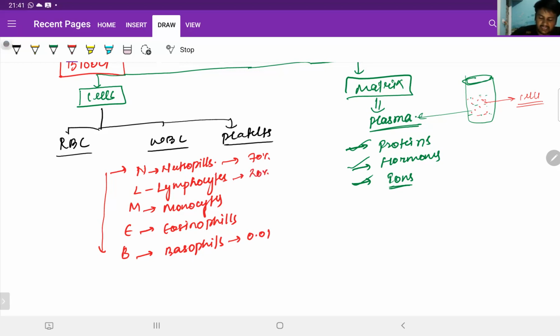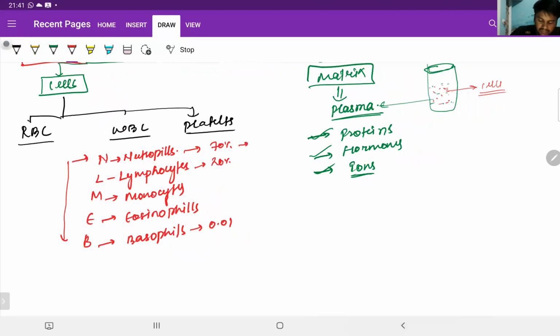Whenever there is an increase in neutrophils, we expect some acute inflammation. What is acute inflammation? It is a current, ongoing inflammation. Lymphocytes and monocytes are involved with chronic inflammation, which is when inflammation goes on for quite a longer period of time.